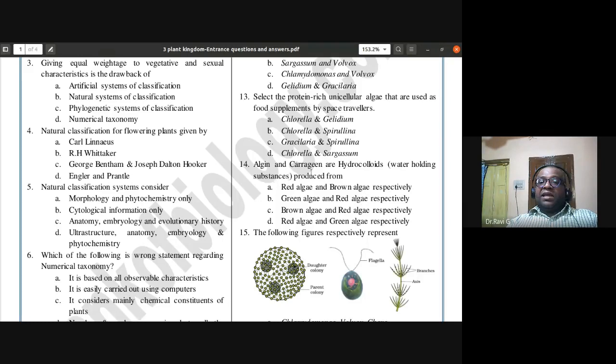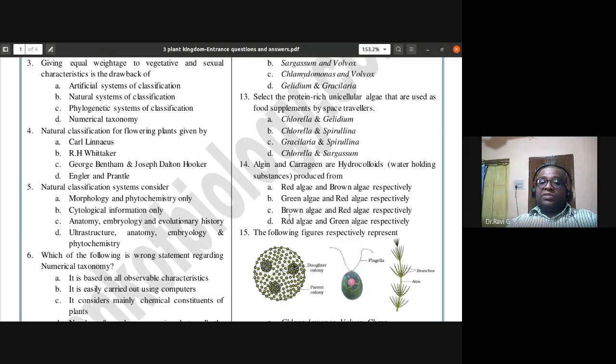Algin and carrageen are hydrocolloids, that is water-holding substances, which are produced from. So are they produced from the red algae and brown algae respectively, or green algae and red algae respectively? So green algae is not involved, so that is ruled out. So brown algae and red algae respectively, red algae and green algae respectively.